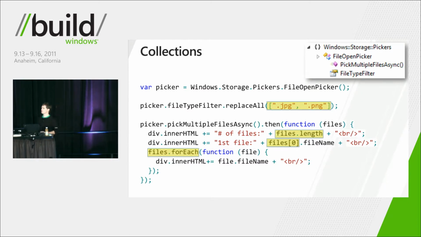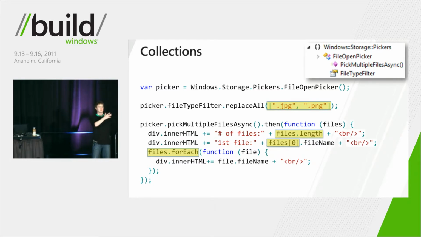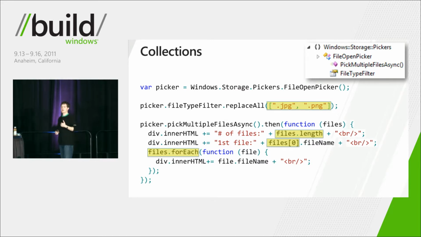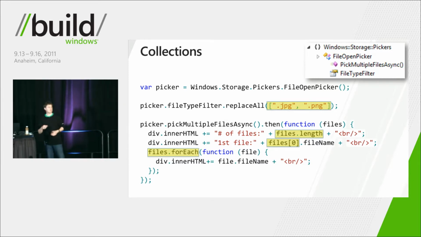In the other direction, when I get back a set of files, for instance, when I use the file picker that you saw a number of times yesterday to pick some files, either from the local system or from remote, I get passed back a collection of files. I can use those files in a way very similar to what you're used to when working with JavaScript arrays. These obviously are not quite JavaScript arrays. These are a Windows Runtime object, but they have all of the standard things on them.